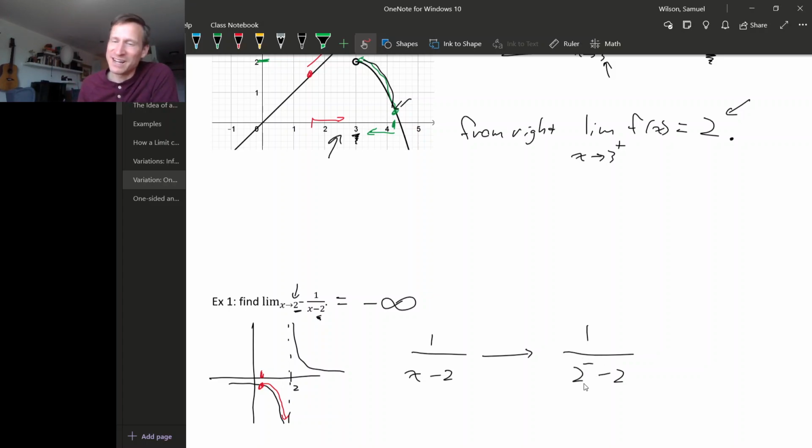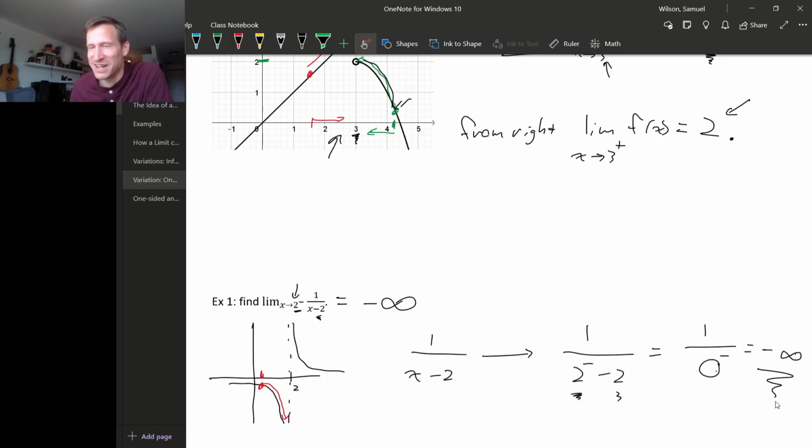Now we can do some arithmetic here. If we have something that's a little smaller than 2, and we subtract 2 from it, we get something a little smaller than 0. And what's 1 over something a little smaller than 0? Well, that's negative infinity. 1 over a tiny negative number is a huge negative number, so negative infinity. You can see either way we get the same thing.